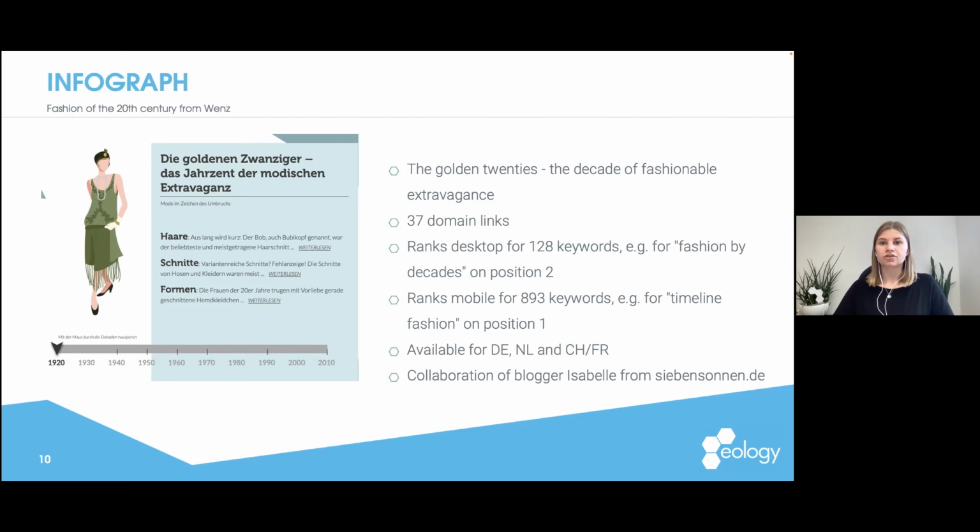We also published this infographic in Dutch and in French in the Switzerland shop and distributed it with our language experts. We also had an expert for this infographic, which was a collaboration with a blogger, Isabel, from the website siebensonnen.de. That's what made the expert part of the infographic.